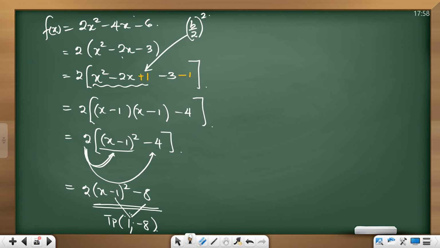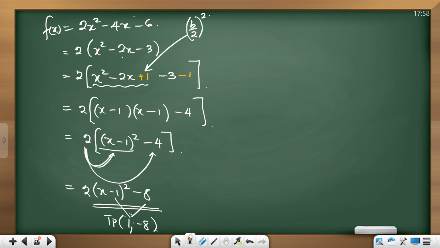Sorry? B over 2 squared. Yeah. What's your B? B is negative 2, not 2. Negative 2 divided by 2 would give you negative 1. Square it, positive 1.